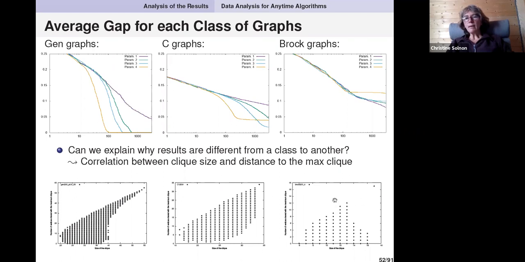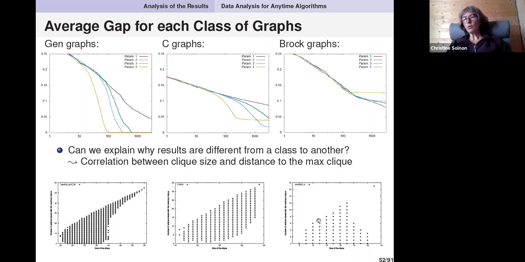So I consider only one graph of the class, the smallest graph of the class, and I plot one point for each locally optimal solution. For each locally optimal solution, I plot on the x-axis the size of the clique, so the quality of the solution, and on the y-axis the number of vertices which are shared with the optimal solution.